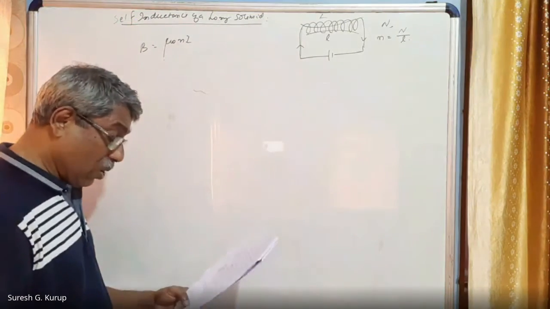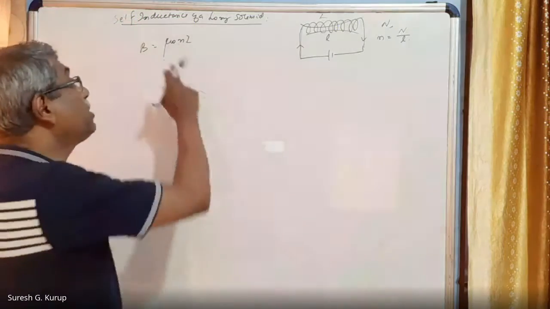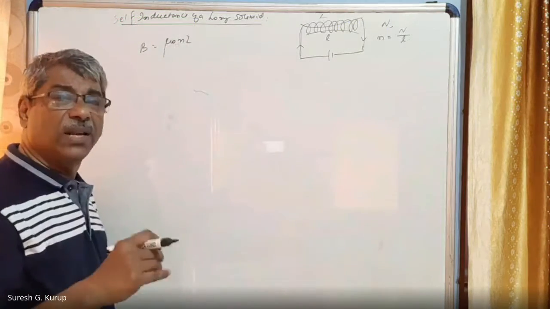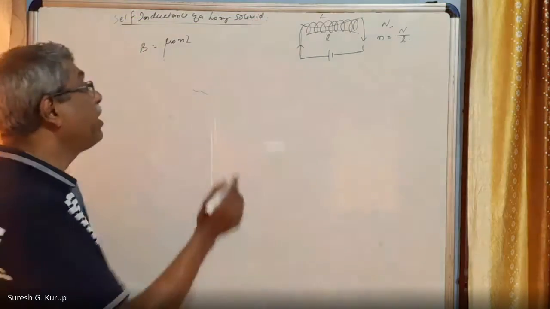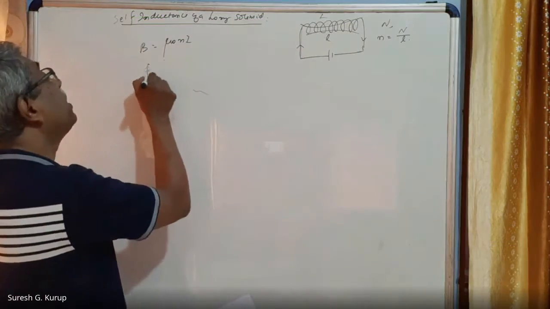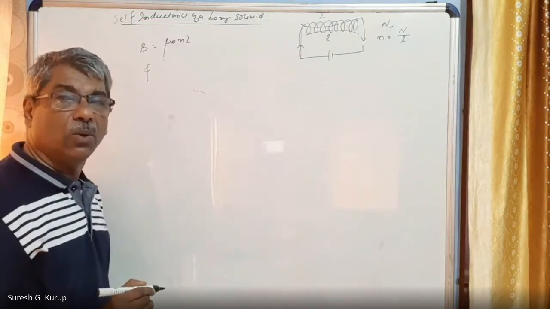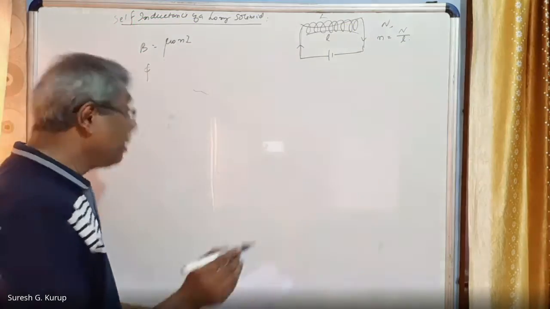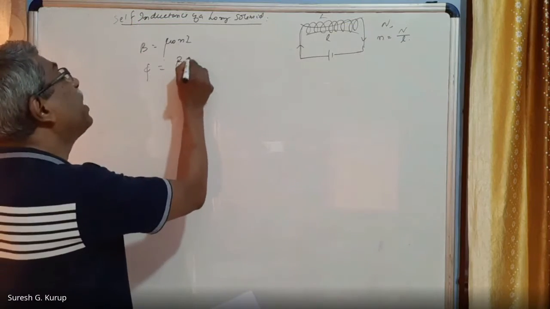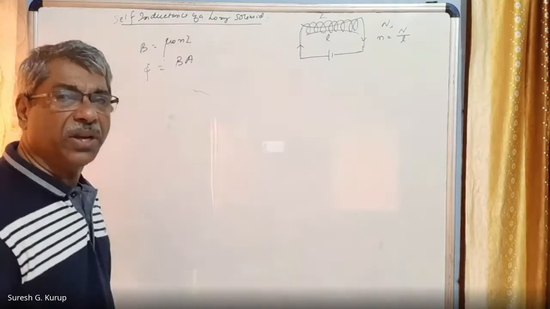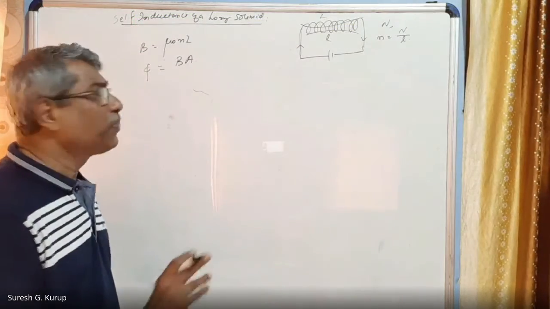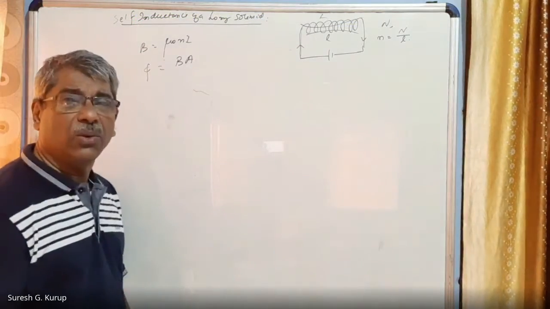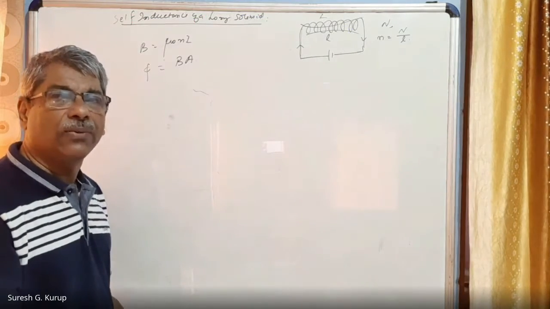Okay. Now, if this is the flux density, the flux linked to each turn of the solenoid is given by phi, which is the integral of B dA cos theta, right? So that we can write as flux density into area of each turn.